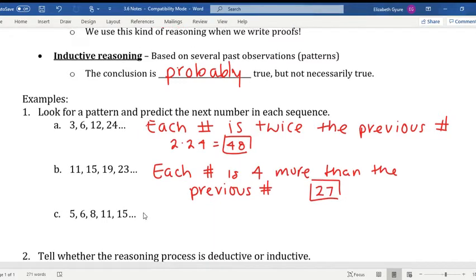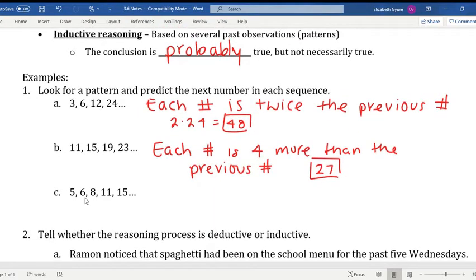And then for the last one of these, we have 5, 6, 8, 11, and then 15. For these, there's nothing you could multiply each one by. With adding, we go up 1, then 2, then 3, then 4, though, right? So if you look at the differences between the numbers, this one's going up 1, then 2, then 3, then 4. So we could then make a prediction that the next time it would go up 5.